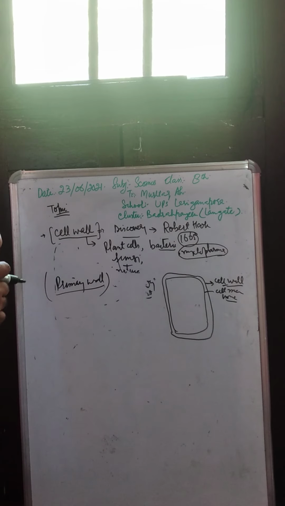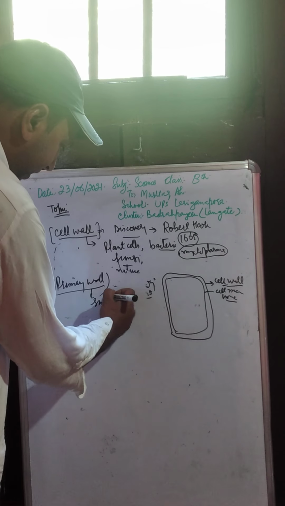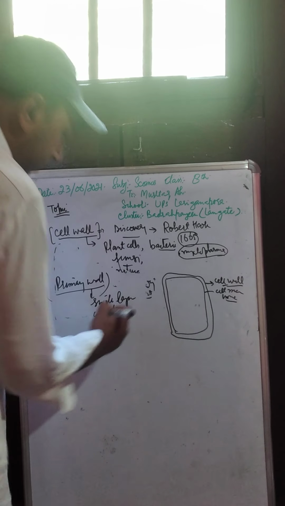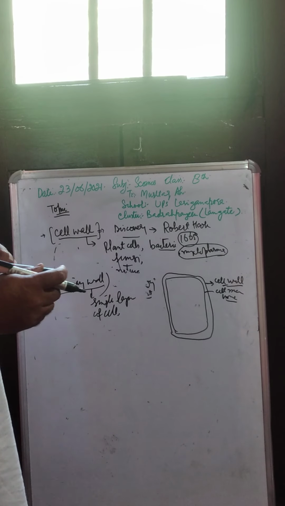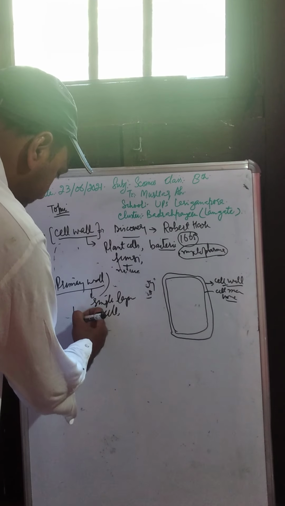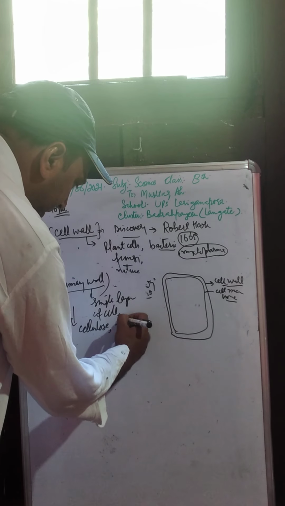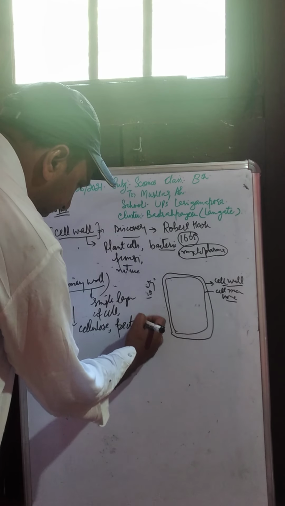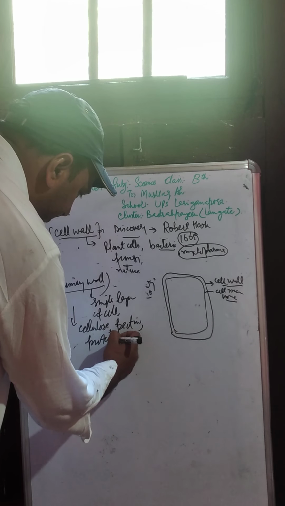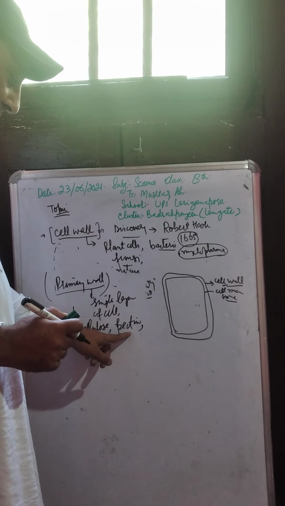It is made up of a single layer of cells, and its composition is cellulose, pectin, and some proteins.